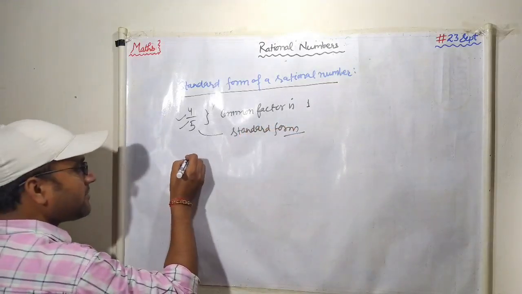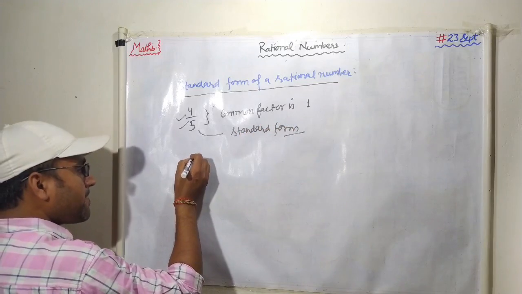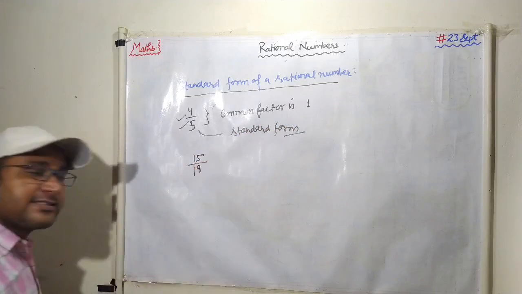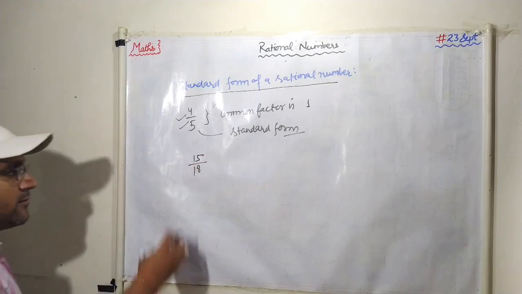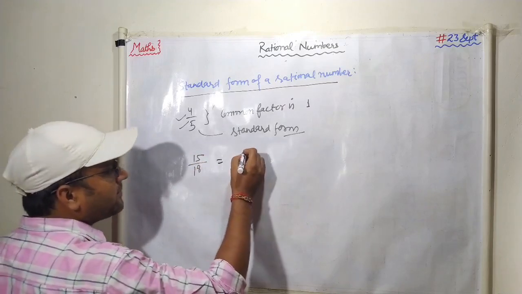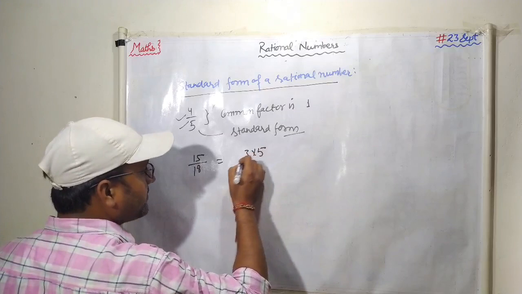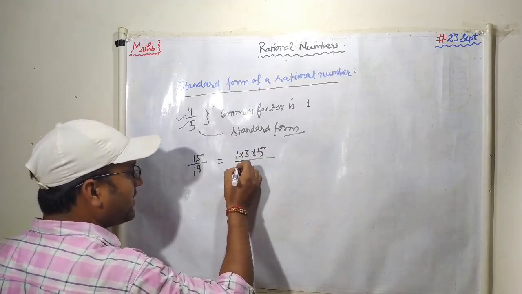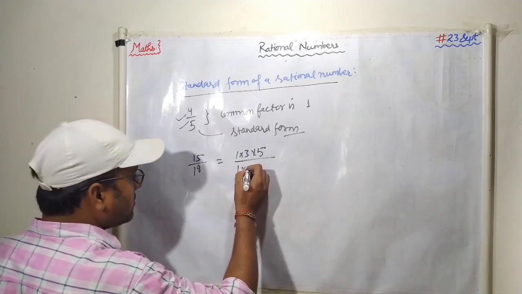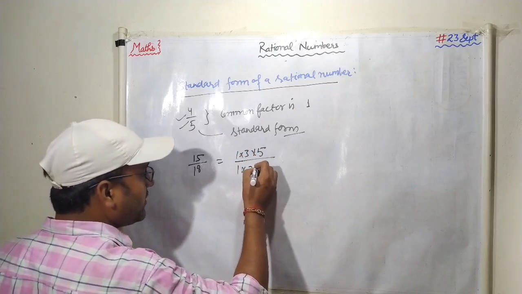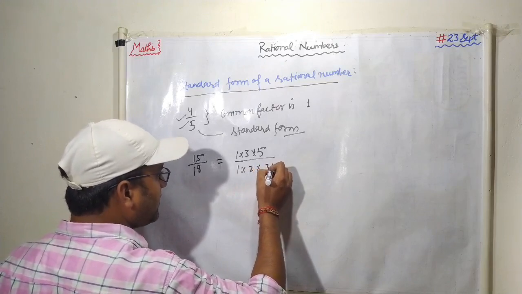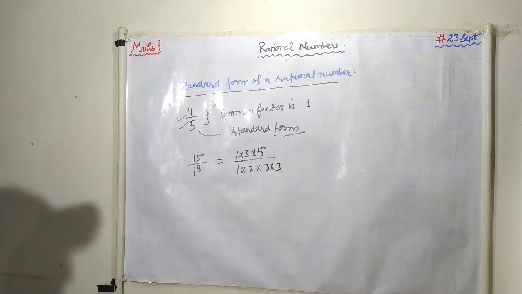Suppose 15 upon 18. Is it in standard form or not? What are the factors of 15? 1 into 3 into 5. And 18 is 1 into 2 into 3 into 3, students.